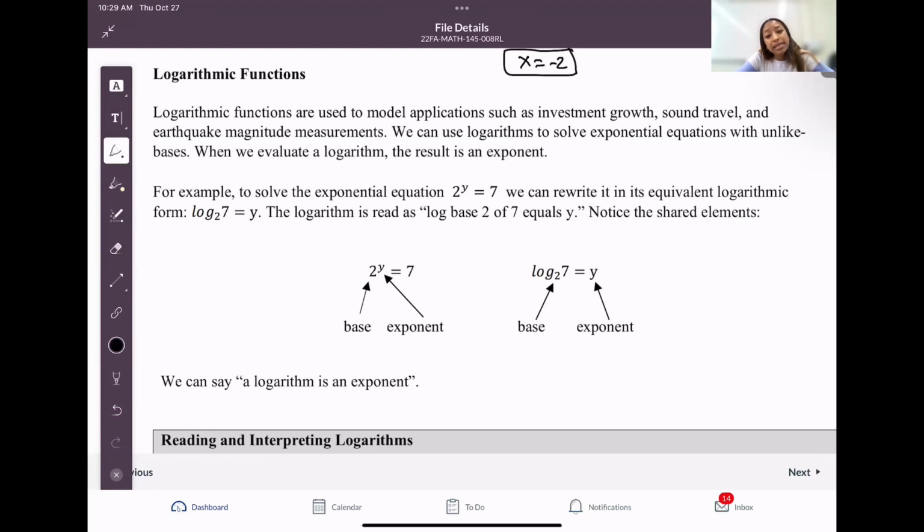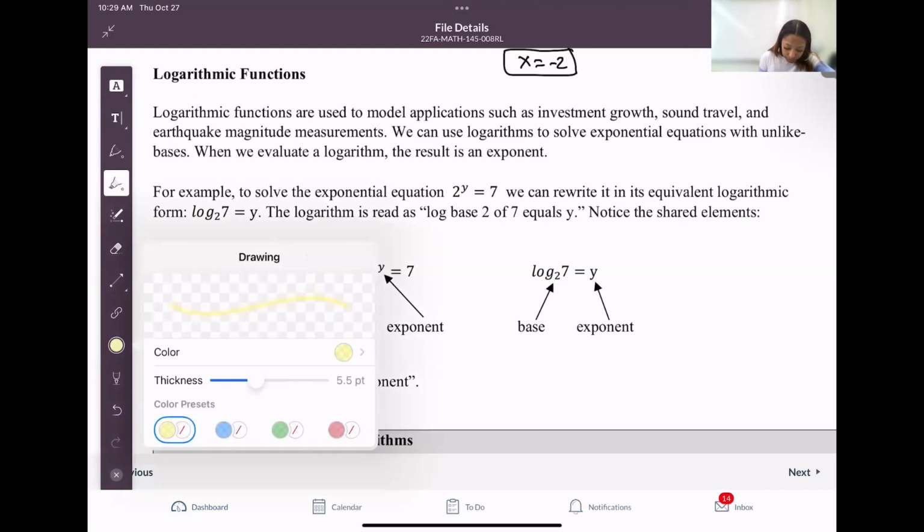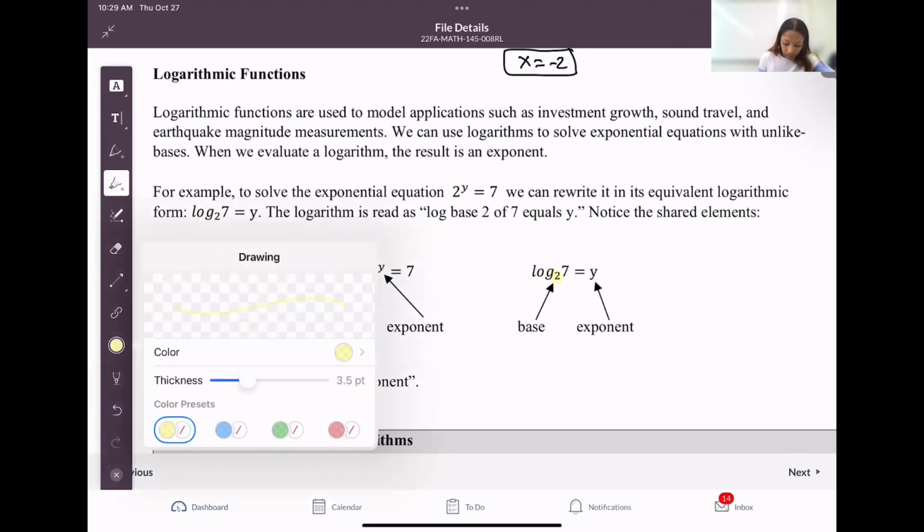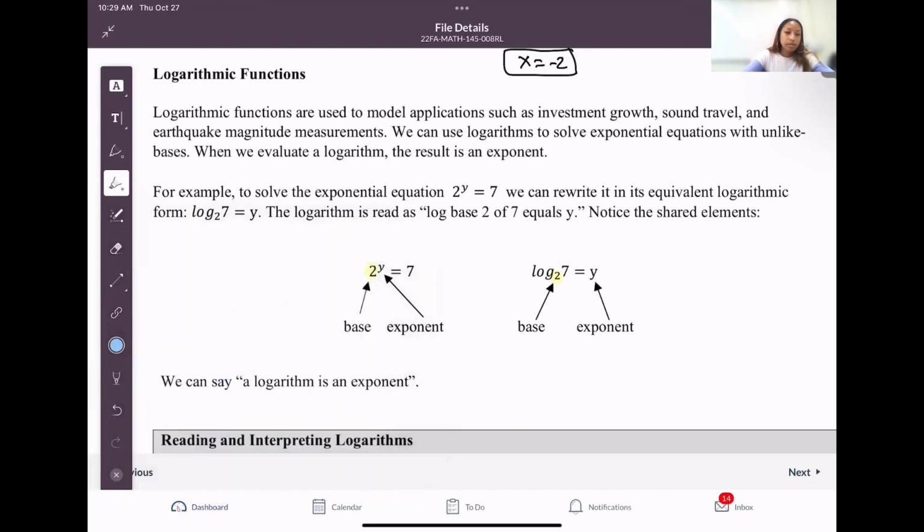We write the base as a little subscript next to the log. In this case, since the exponential expression has a base of 2, the logarithm also has a base of 2. Okay? So if we have an exponential form with 2 to some power, the logarithm has base 2.